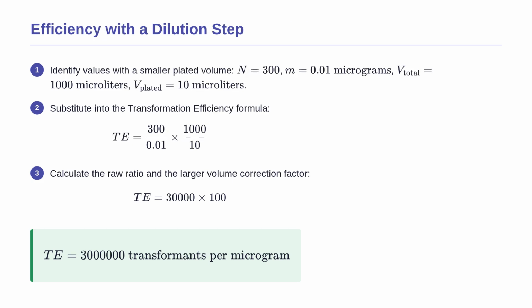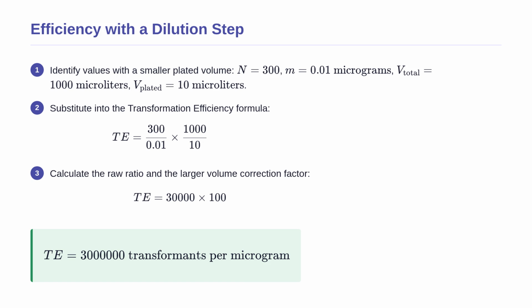Now, let us look at a more advanced scenario involving a massive number of transformed cells. Here, you only used 0.01 micrograms of DNA, and you only plated 10 microliters from your 1,000 microliter tube. You count 300 colonies. We plug these new values into our formula.